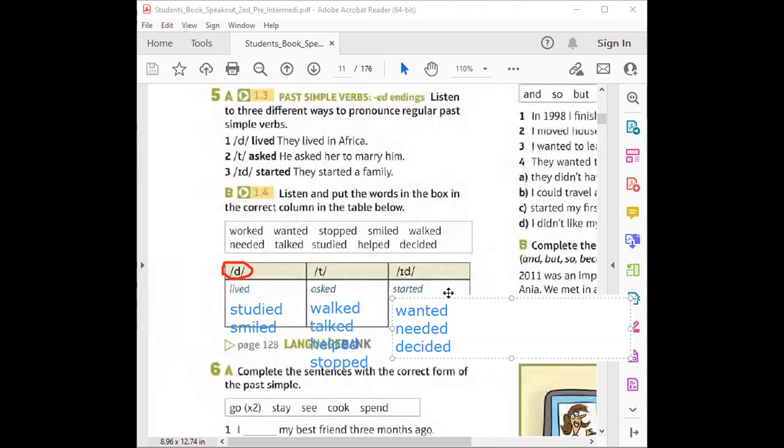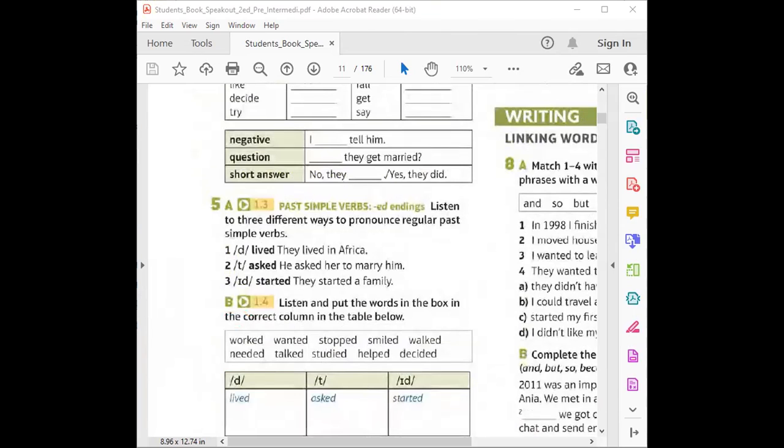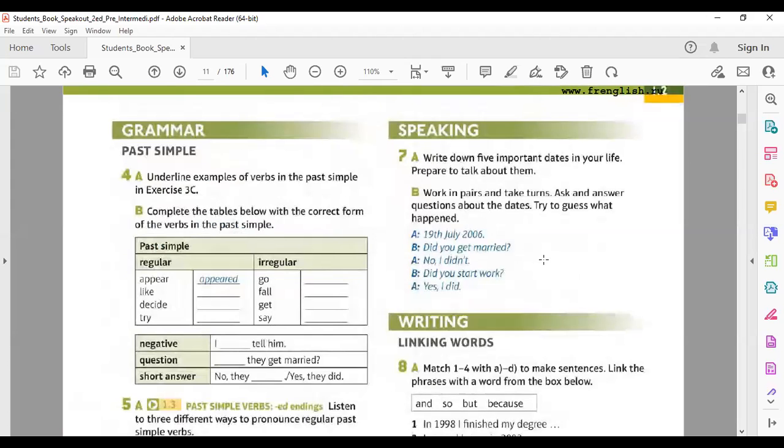All right. Here are the verbs we just talked about, and we divided them into the categories. So far, so great. Now, let's go to the speaking.